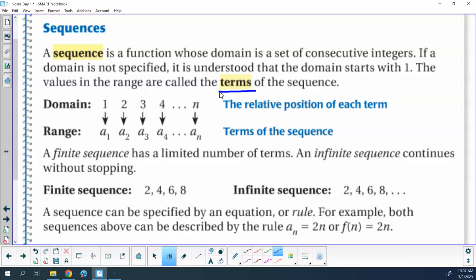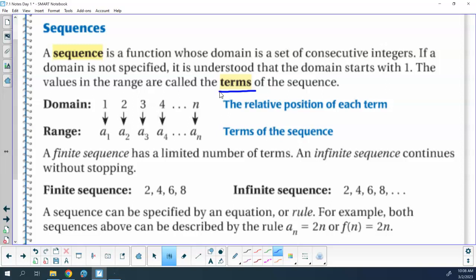There are 2 different kinds of sequences. There's finite sequences, which have an end. A finite sequence has an end. The first 7 terms that follow this pattern, okay? That's a finite number. There's only 7 terms. Then there's infinite sequences. Infinite sequences go on forever and ever and ever and ever.